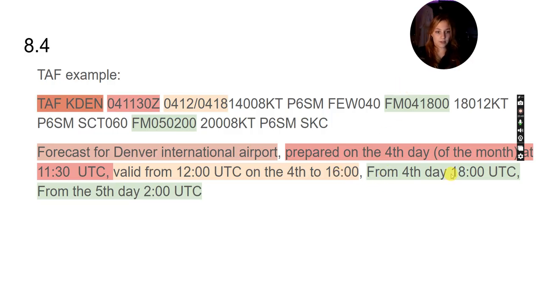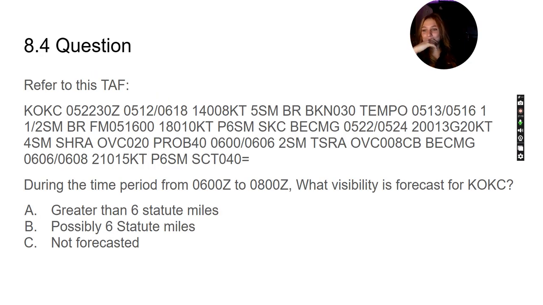And then from the 4th day, 18 UTC. So this is like an update. So from this time to this time, or at this time, these become true now, and then at this time, these become true. If that makes sense. Like that's later in the day. Look out for that, okay? Sorry, this is so hard to explain, but I'm trying my best.